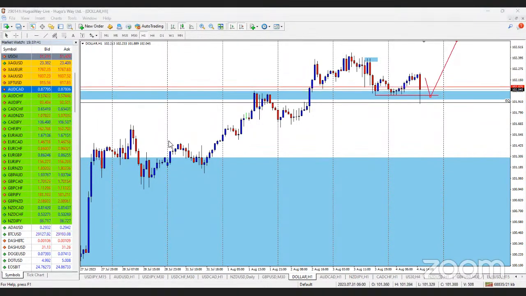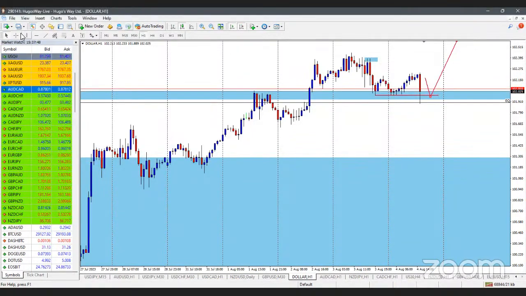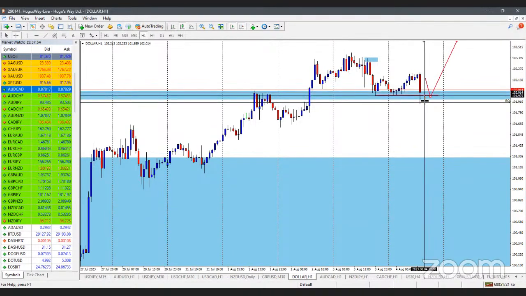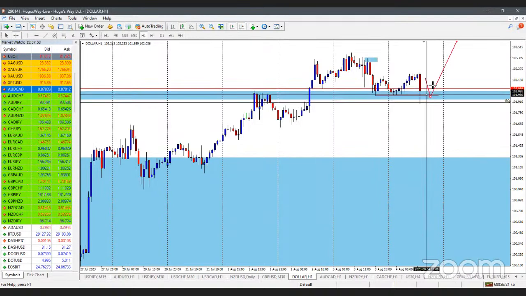And now in the next 23 minutes, for me, guys, I'll give you a little bit of an update. The best thing to do is in the next 23 minutes, if the wick of the candle closes here, so the body is above the lows and not beneath the lows, as long as there's no body close beneath this previous daily low, then you should be looking for a bullish dollar temporarily.